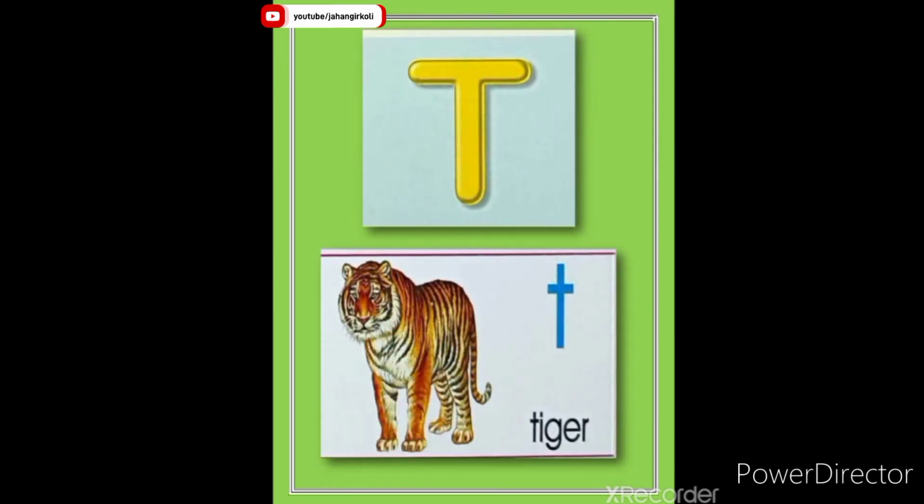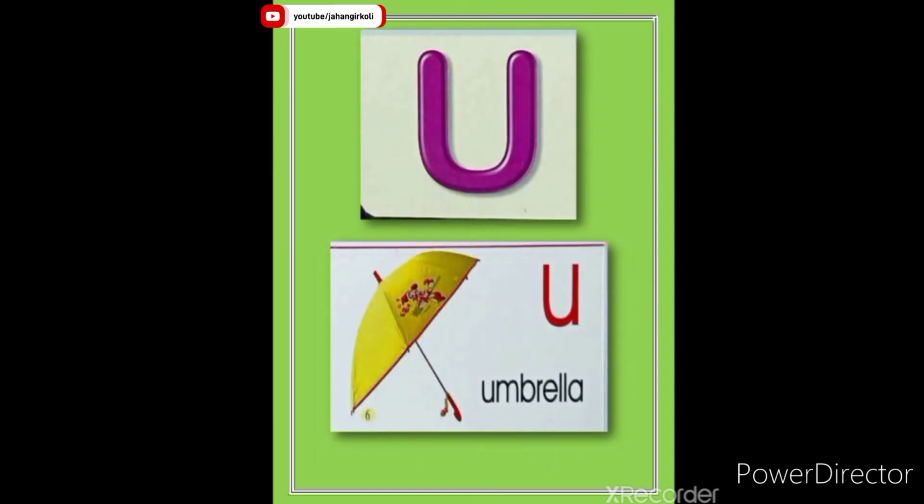T is for tiger. T-I-G-E-R, tiger. T is for tiger. U is for umbrella. U-M-B-R-E-L-L-A, umbrella.